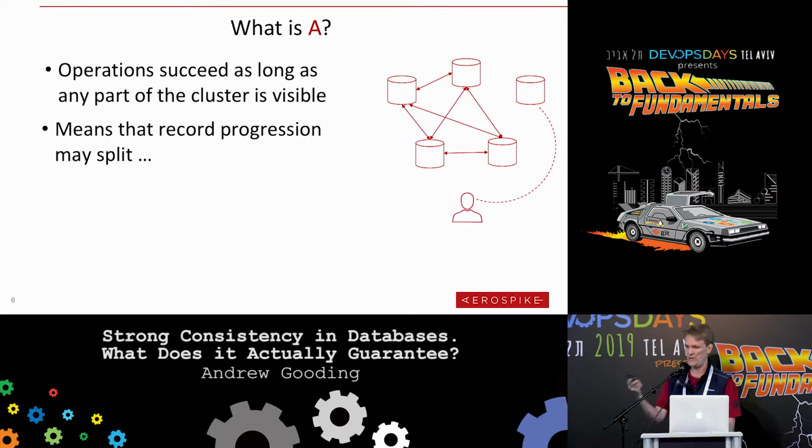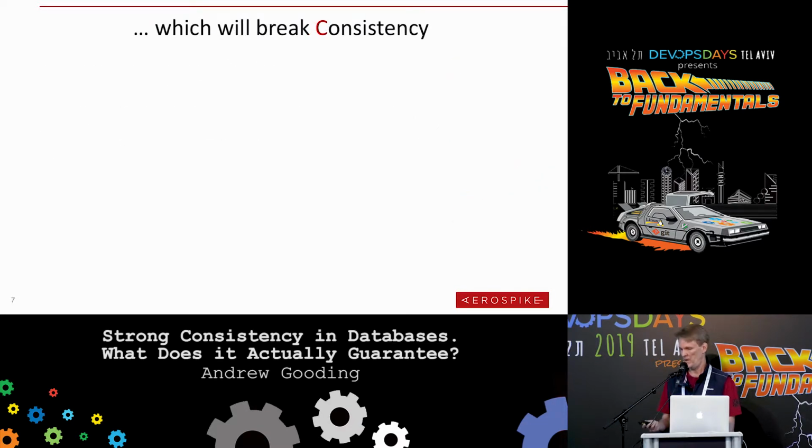If it just alternately sees one node and then another, and the two replicas resided there, you can do an operation in one. Then you can go back to the older version and do another operation that starts on the older version again. So that's the thing that you're going to allow. So by definition, that breaks consistency. So you can sort of start to see what the trade-off is here.